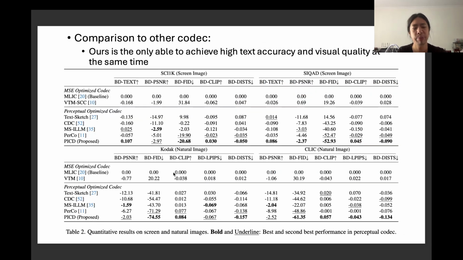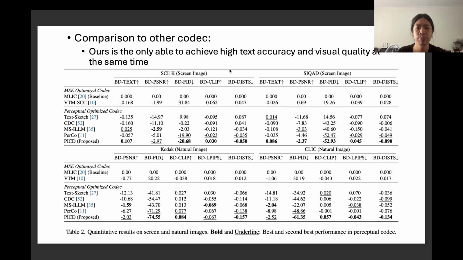Also, compared to other codecs, our codec is the only one that is able to achieve both really high text accuracy and really high visual quality, which is measured by FID and DISTS, those perceptual quality metrics, at the same time.